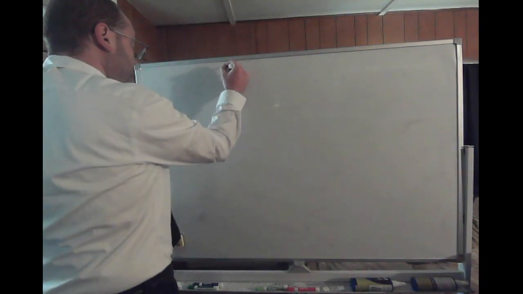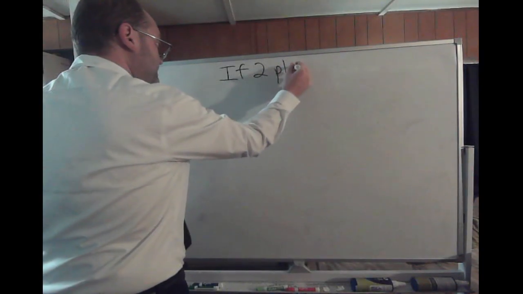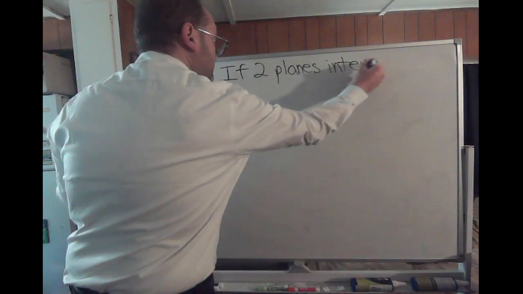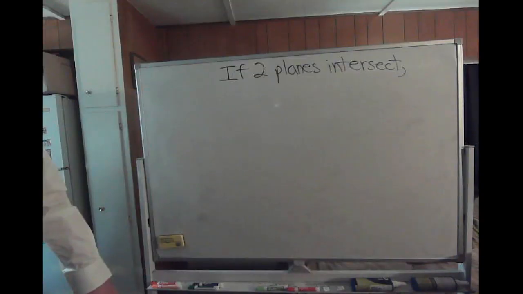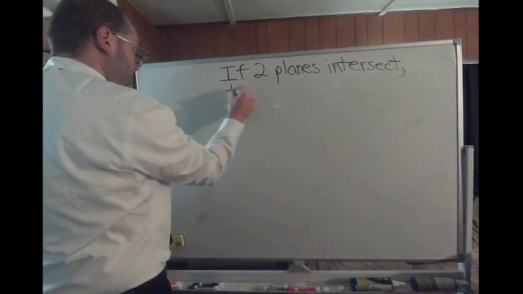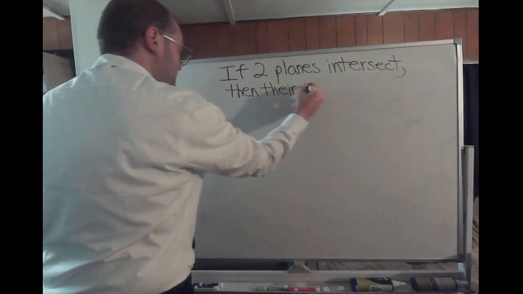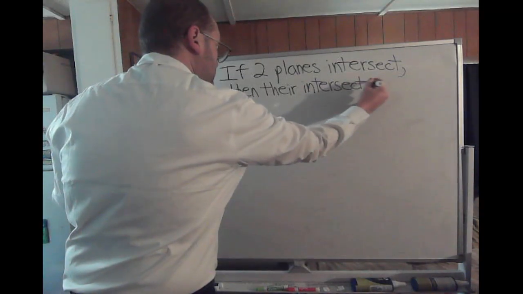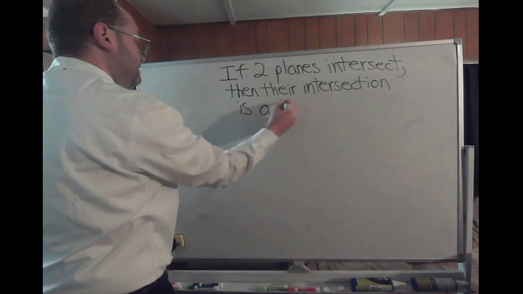Alright, last postulate. This one states, if 2 planes intersect, then their intersection is a line.